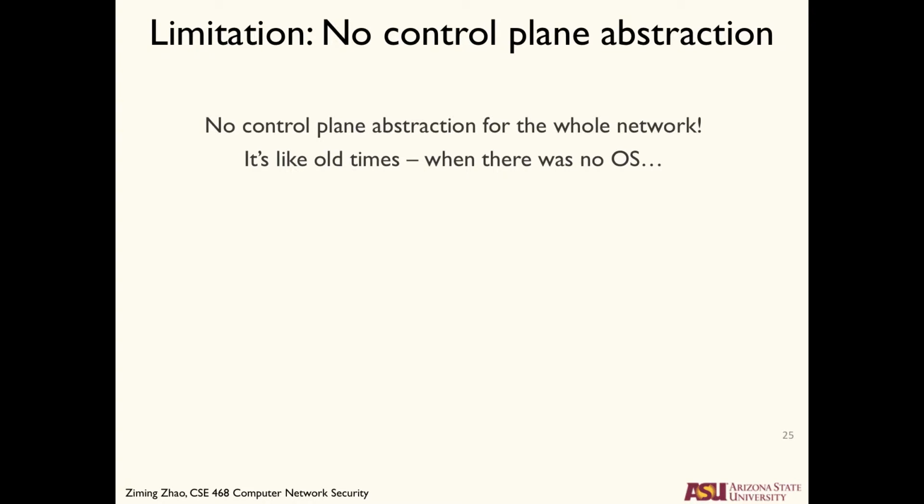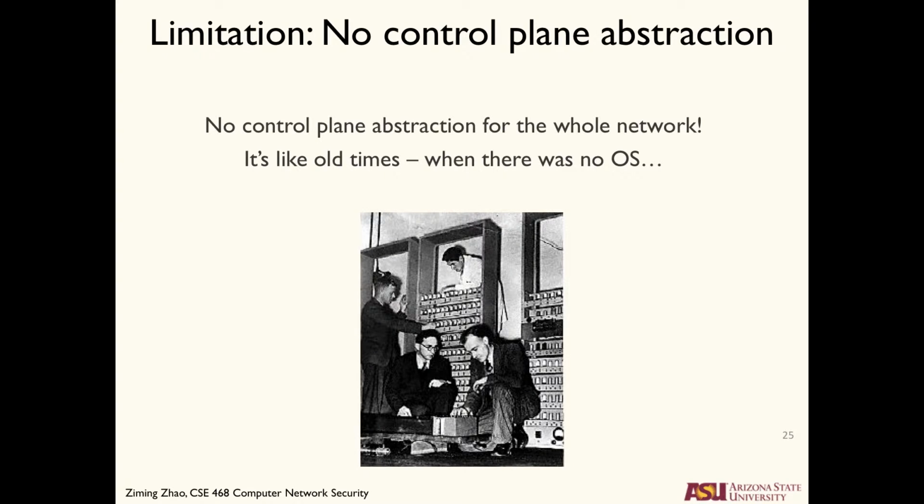There is no abstraction for the control plane. The control plane is in the switch, which makes each router or switch have its own brain to make decisions. So this is kind of like 50 years ago when we had computers in the first place.